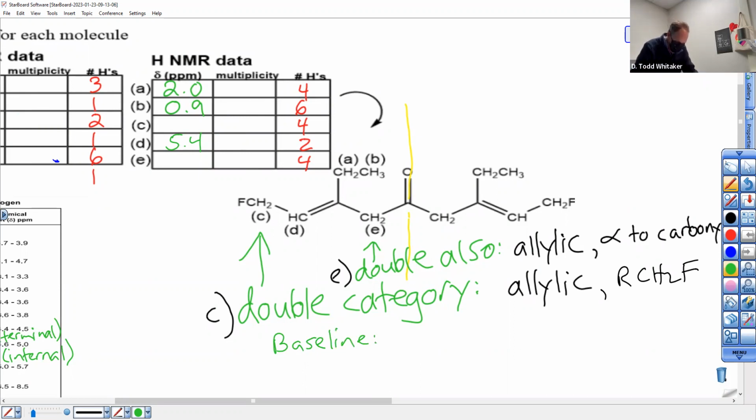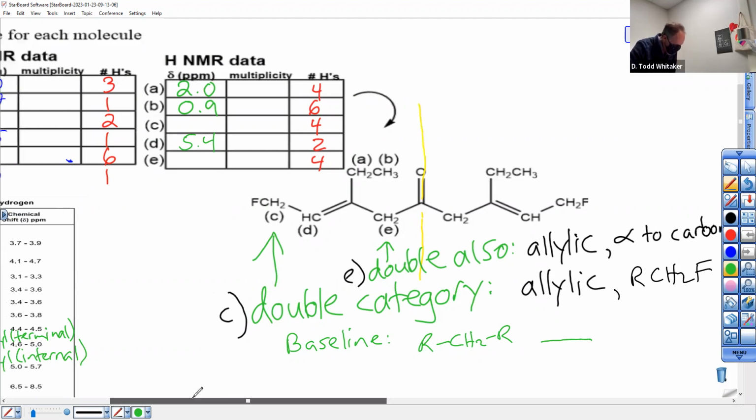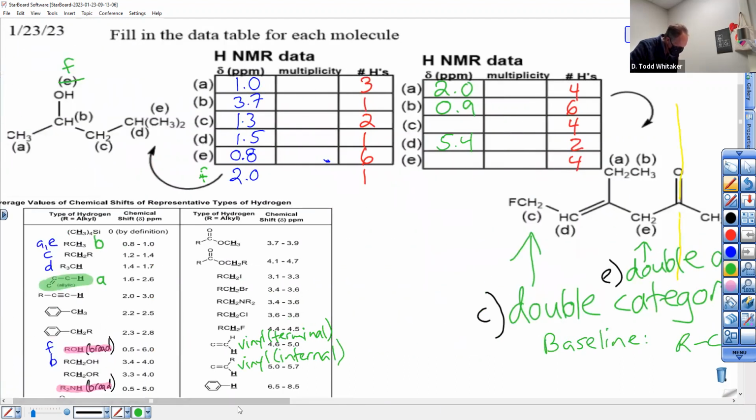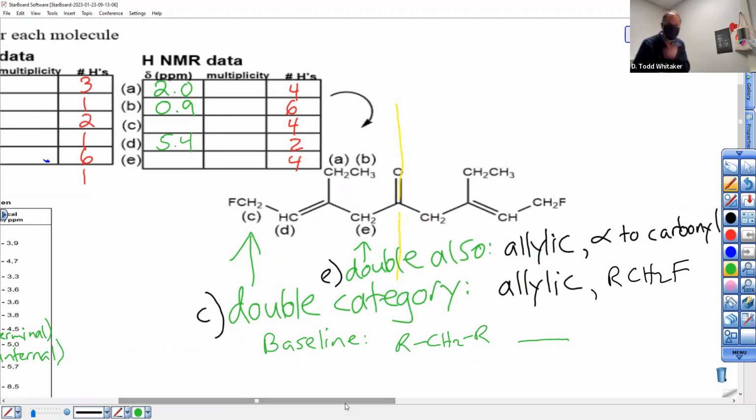So C is a CH2, and if nothing special was going on, it's just R groups. See, I copied the C, CH2RR. Now give me the middle of this category. RCH2R. It's 1.3. That's right. That's your baseline. Nothing special going on at 1.3.